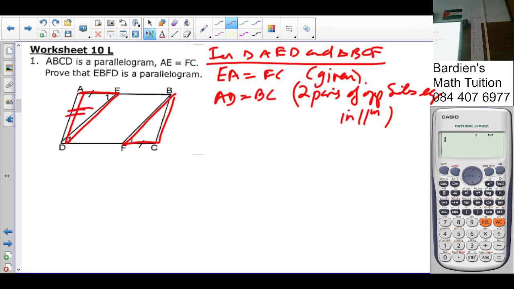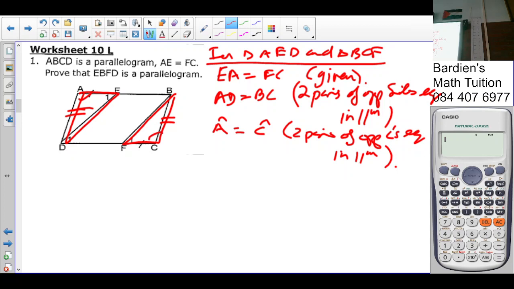One more. Angle A is equal to angle C. Why? 2 pairs of opposite angles equal in a parallelogram.